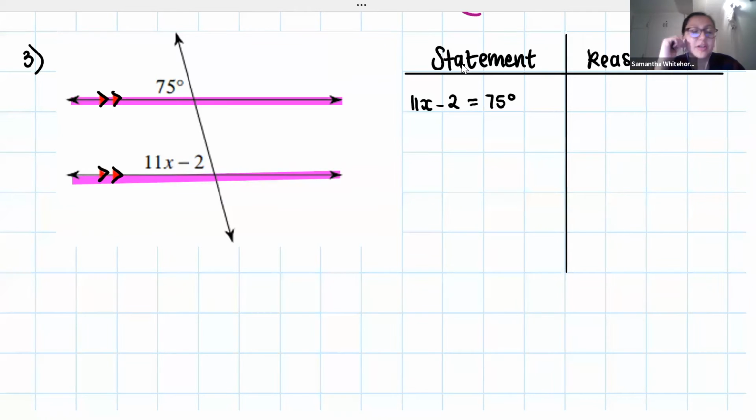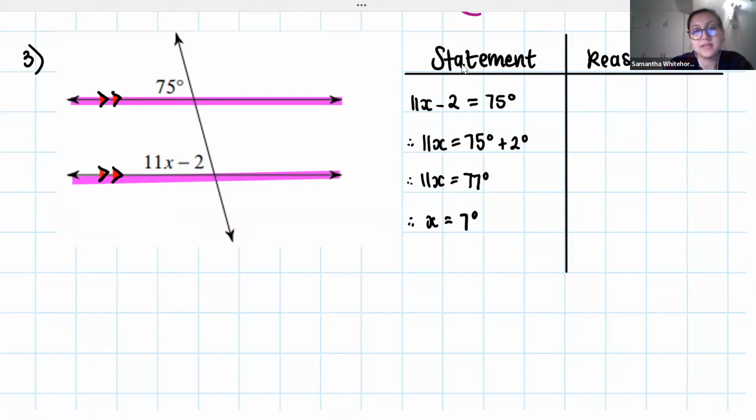Okay, it's fine. We'll come back to the reason. Carry on solving this one for me. Ma'am, then I said 11x equals 75 plus 2. Good. Then I added the 75 plus 2 equals 77. Good. And I divided it by 11. Excellent. 7. Well done.